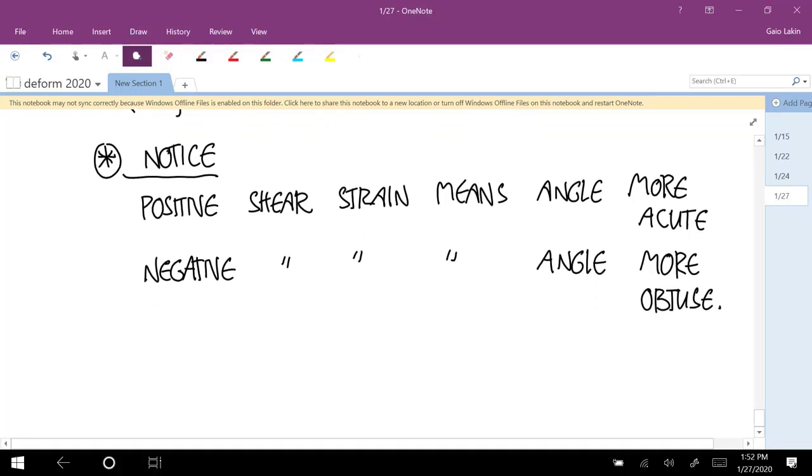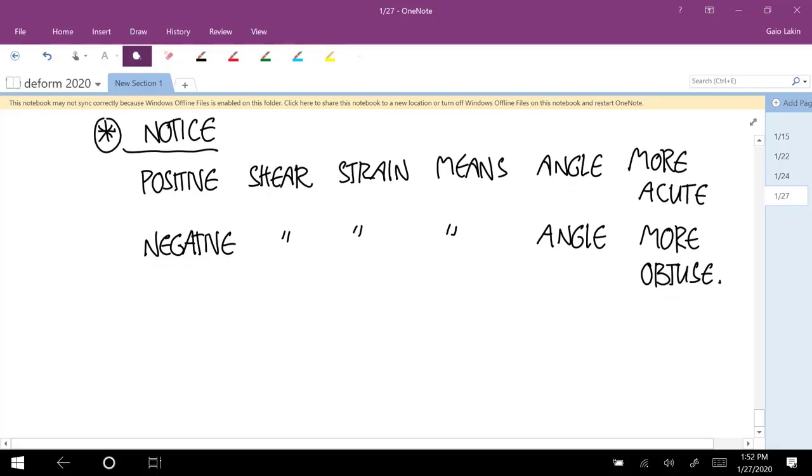Okay, and then how do you put it together into a single description of the state of strain at a point? We don't have a strain tensor. There is such a thing, but not in this class. So the only way we're going to represent it is in the Voigt form.